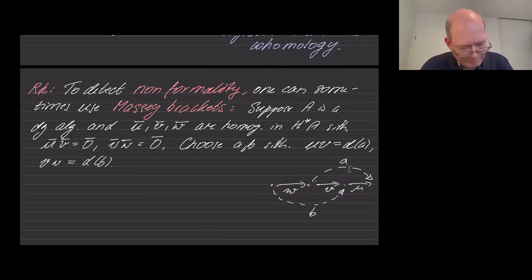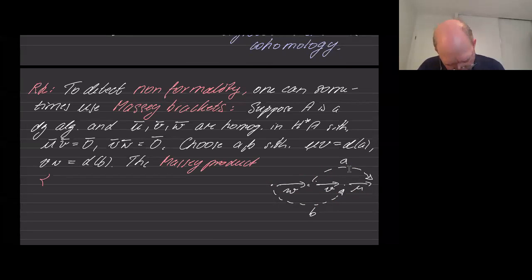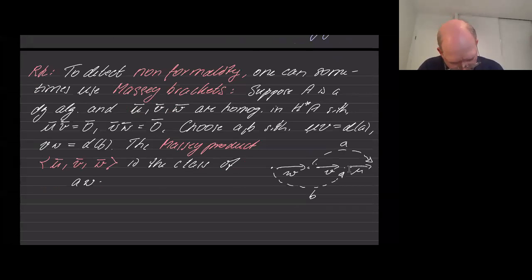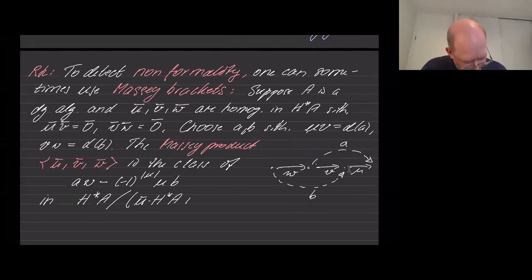So the Massey product <u, v, w> is the class of the difference of the two reasons, a composed with w minus (-1) to the degree of u times u composed with b, in the quotient H star A modulo u bar H star A plus H star A times w bar. Yes, this is just a vector space.